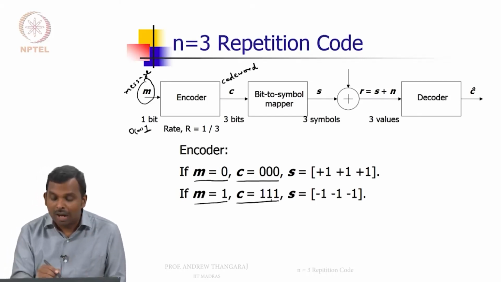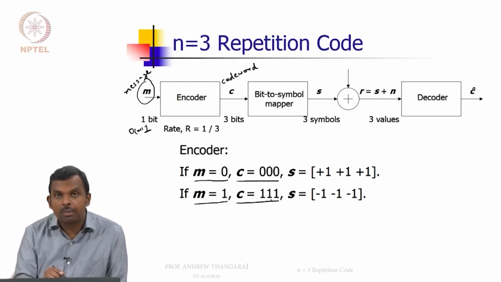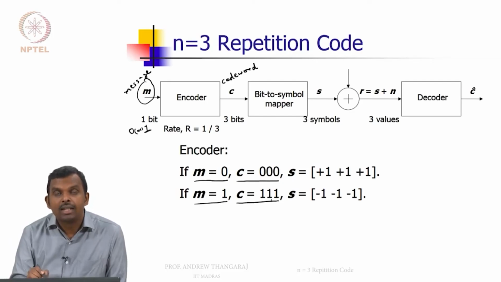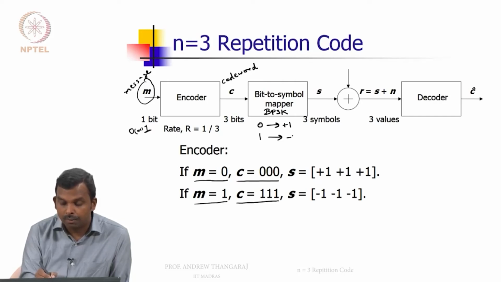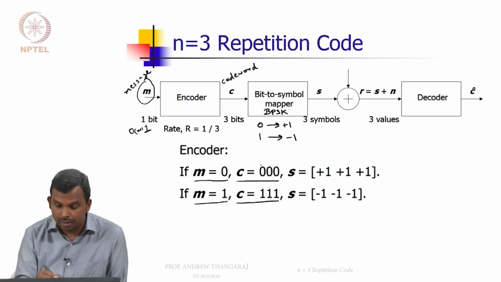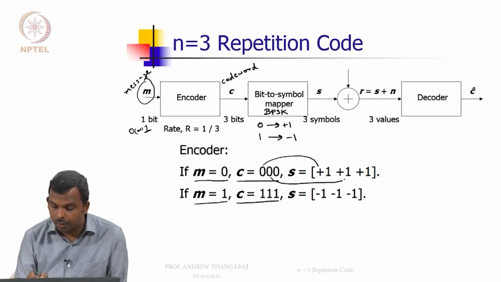Okay. So, once you have the encoder in place, what you do after that is similar to what you did before. If you remember the BPSK bit to symbol mapper that we are using, it has this very simple rule. It takes 0 to +1 and 1 to -1. So, this 0 becomes +1 here, this 0 becomes +1 here, and this 0 becomes +1 there.